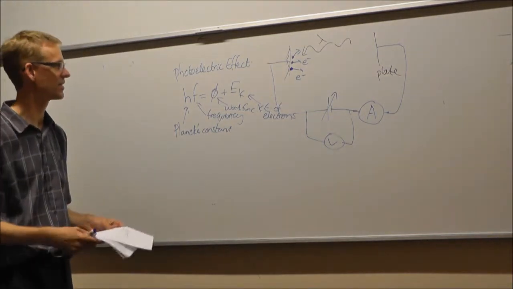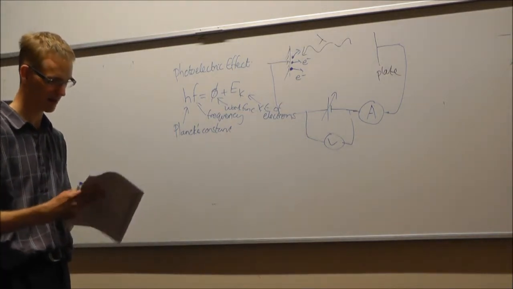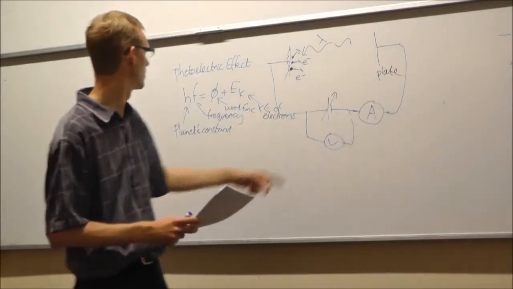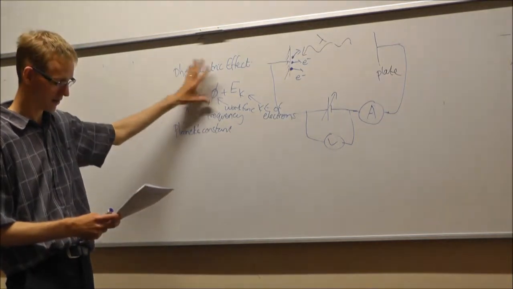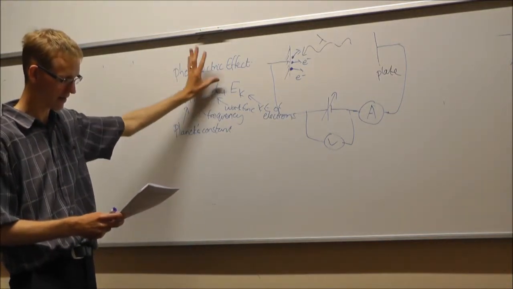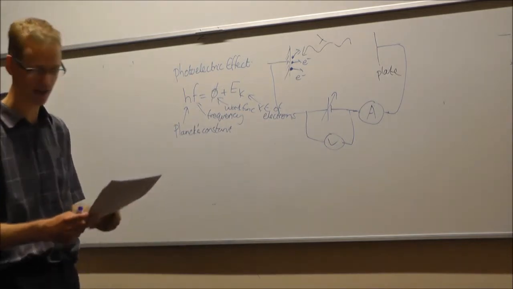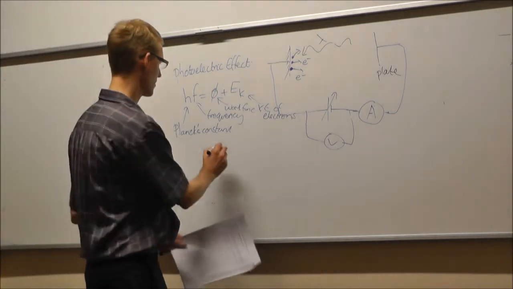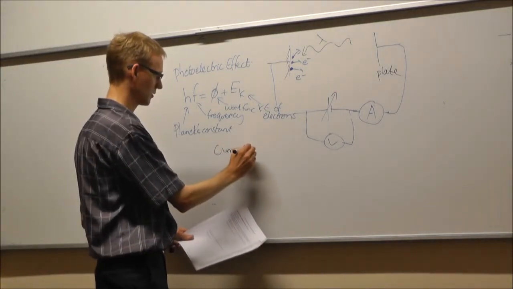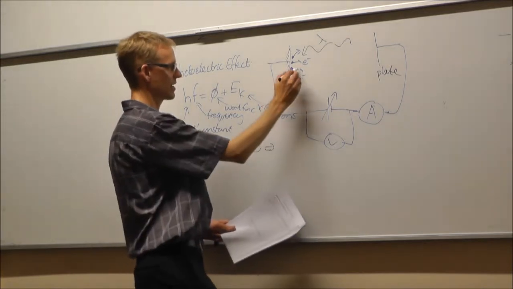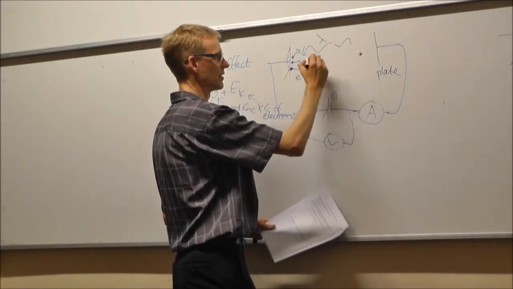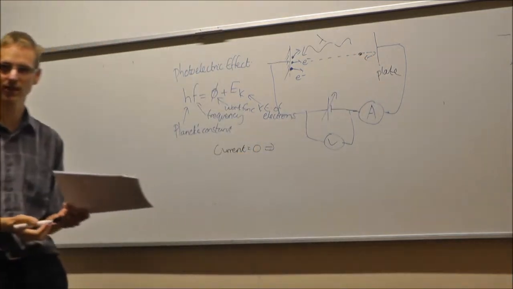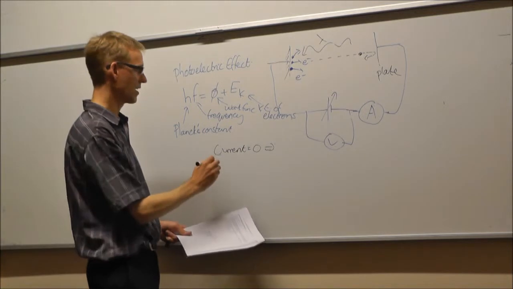Okay, so the question's asking about when the current is reduced to exactly 0, what sort of relationship do lambda, V and phi have? So, what happens? Current at 0 implies that these electrons are getting just about there, but not quite, before they're turned away.